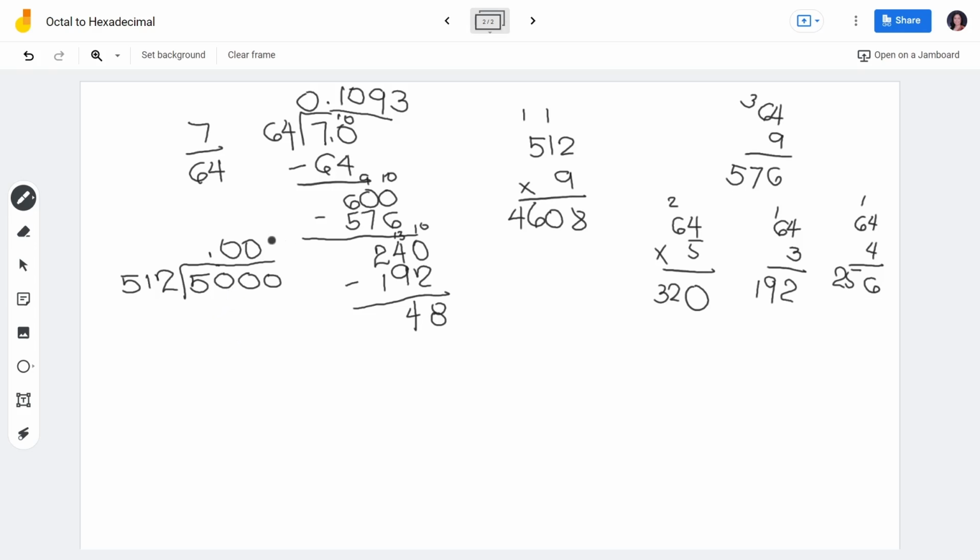So that will be 9. 4,608 minus, so 10 minus 8 is 2, then bring down 9, and then 9 minus 6 is 3, and then this will become 4, so we have 392.